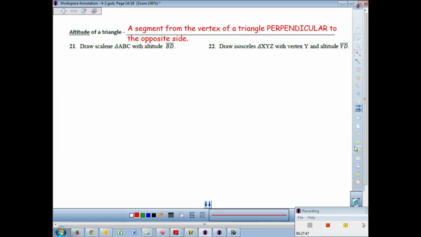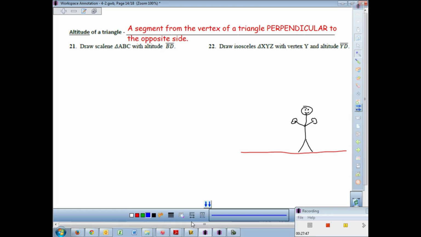It is a segment from the vertex of a triangle perpendicular to the opposite side.